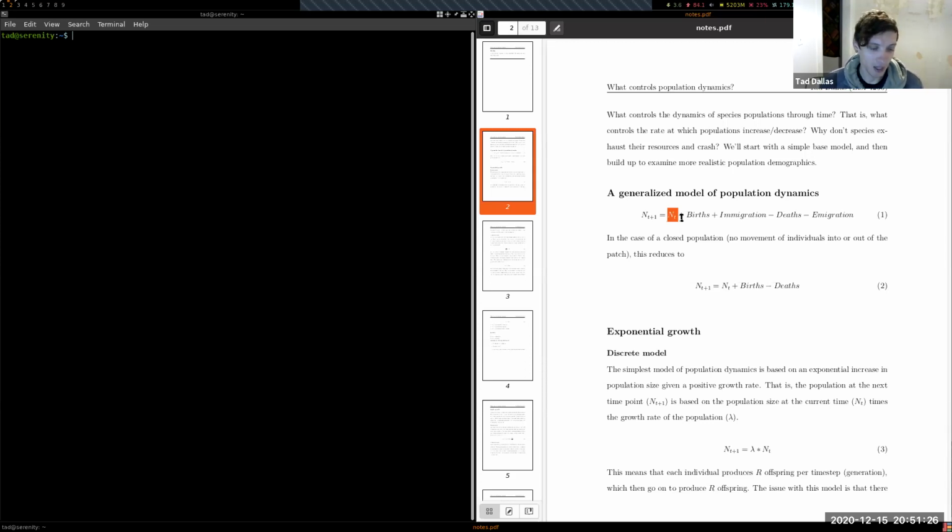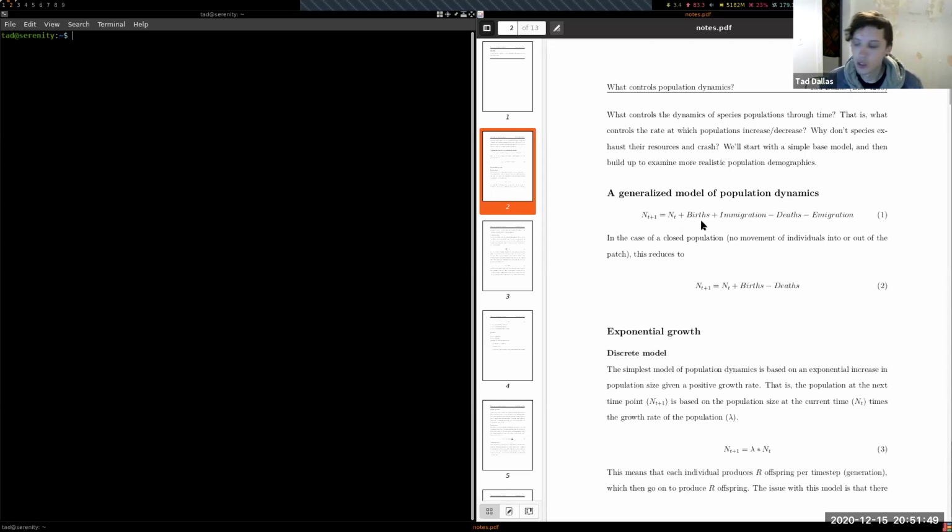An individual can die, an individual can be born. And so we have birth-death processes where you have birth here, as I'm highlighting in the notes, and death here. Death affects population size negatively, birth affects population size positively.